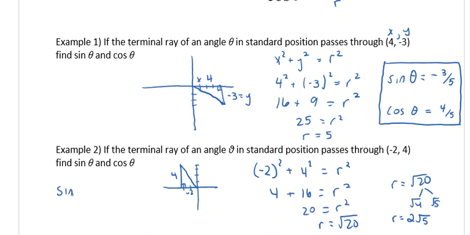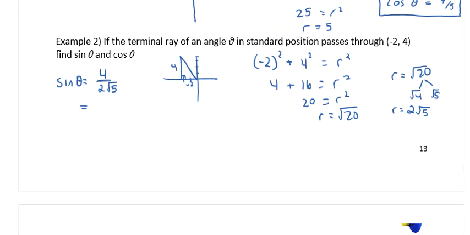So sine of theta is going to be 4 over 2 root 5, which is 2 over root 5. So if I don't have to rationalize, the directions weren't clear here, I could leave it like that.